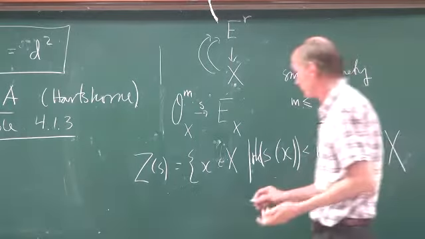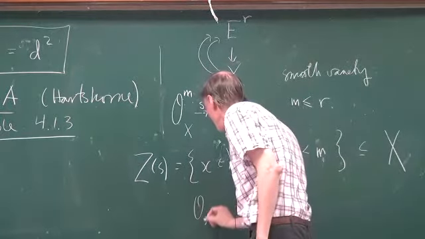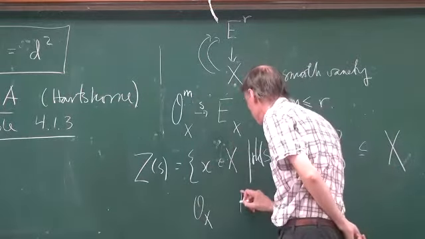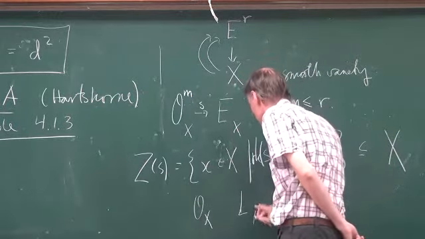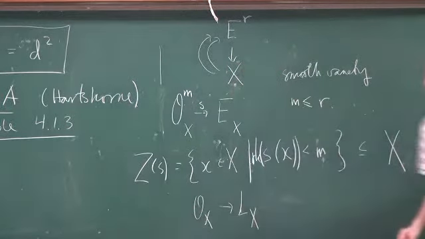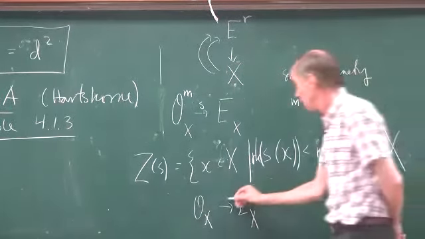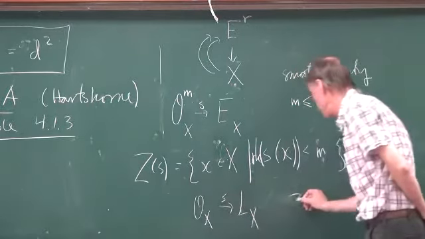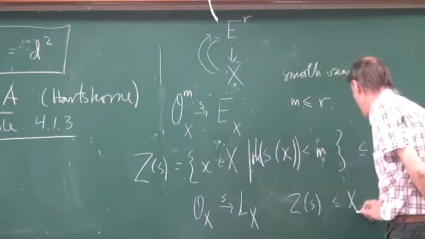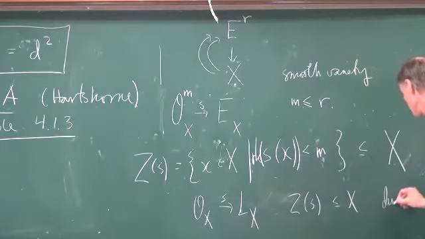So you know the particular case where I have m equal to 1 and E is a line bundle. Now, in that case, Z(s) in X is a divisor. It's codimension 1, it's a divisor.